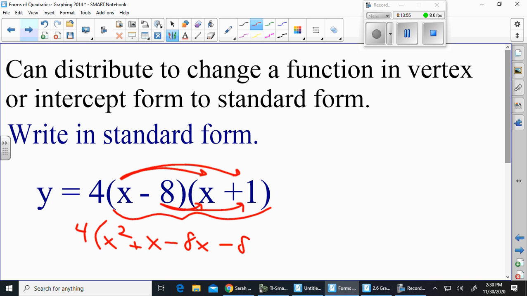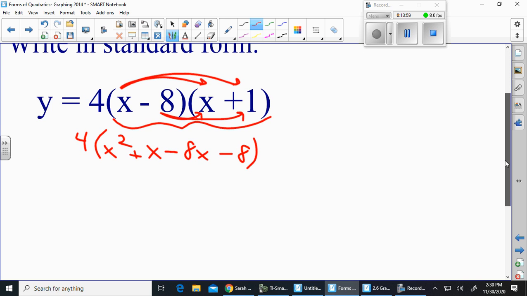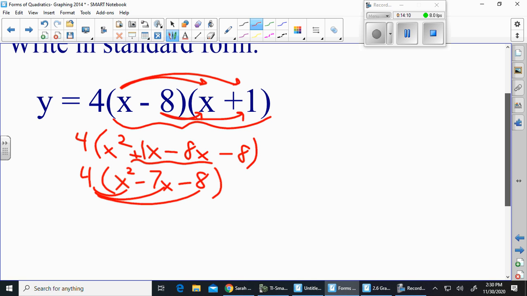Negative 8 times 1. I usually then put together my like terms. So 1x minus 8x gives me minus 7x. Then I would distribute and get 4x squared minus 28x minus 32.